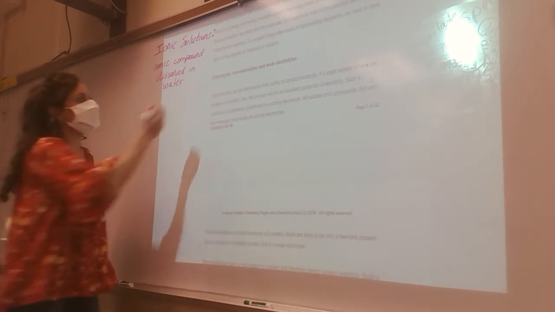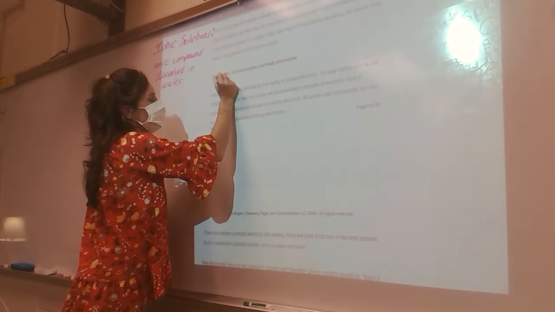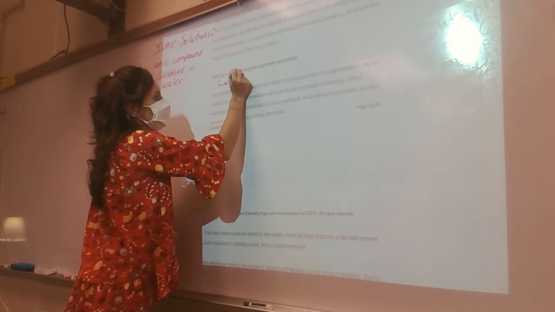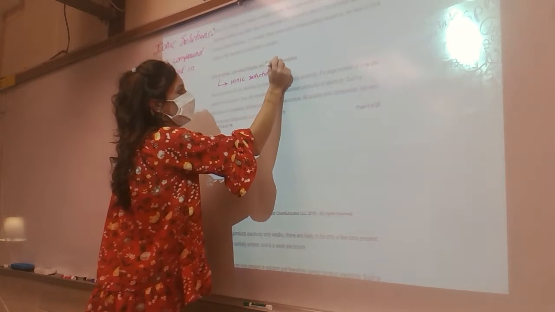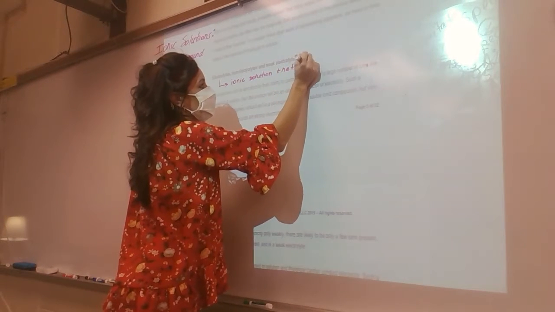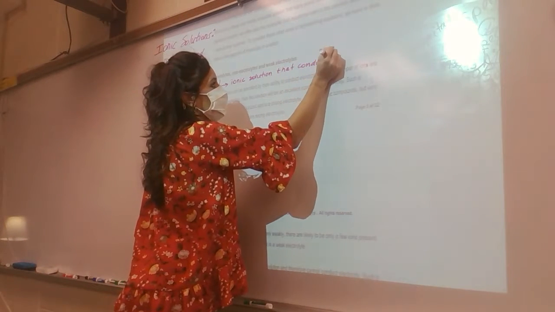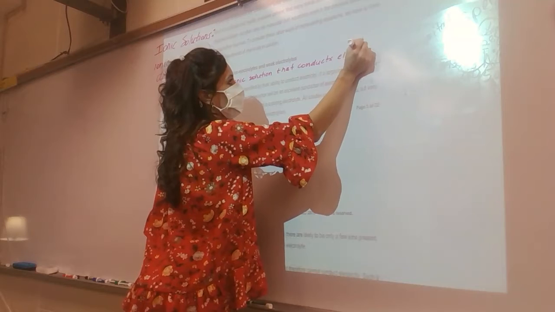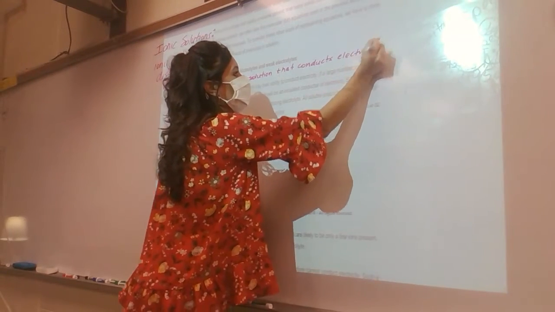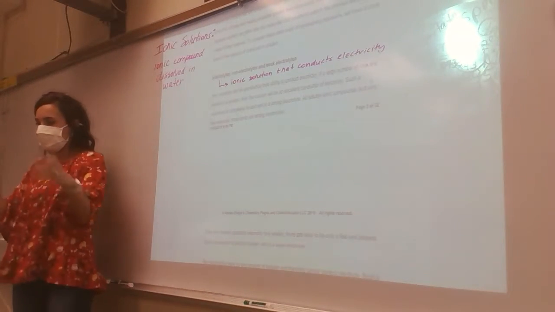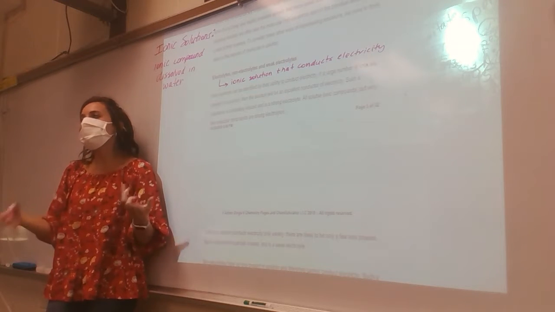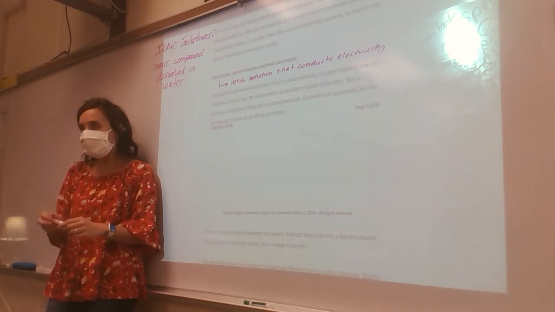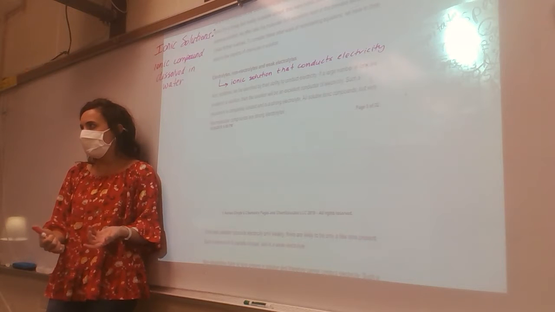An electrolyte, by definition, is an ionic solution that conducts electricity. When the ionic solution breaks apart into positive and negative ions, those free ions give it the ability to conduct electricity.